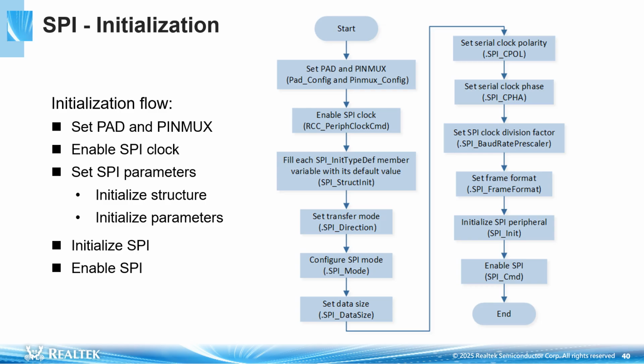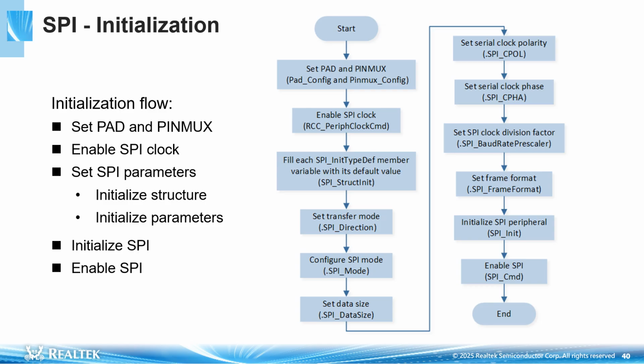The initialization process of SPI is shown in the figure. The first step is to set PINMUX and PAD. The second step is to enable the clock signal of SPI. The third step is to set the transmission mode of SPI. The fourth step is to set the working mode of SPI to master mode or slave mode. The fifth step is to set the data frame format of SPI.